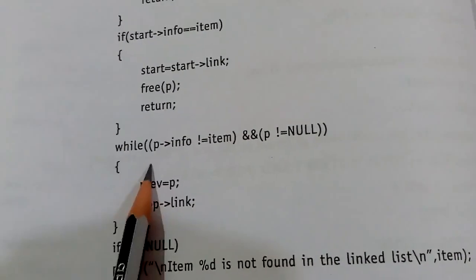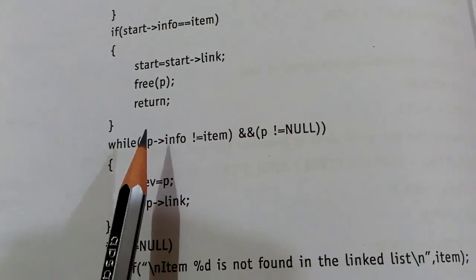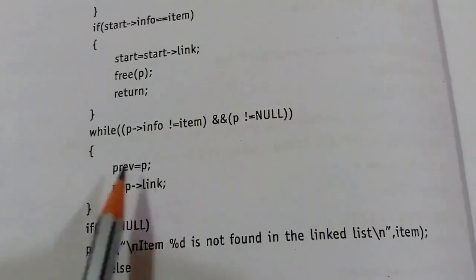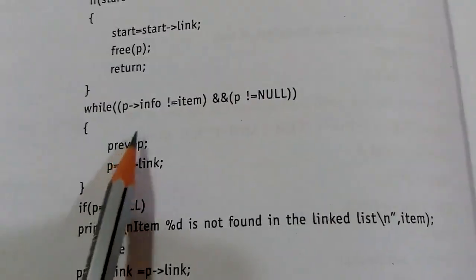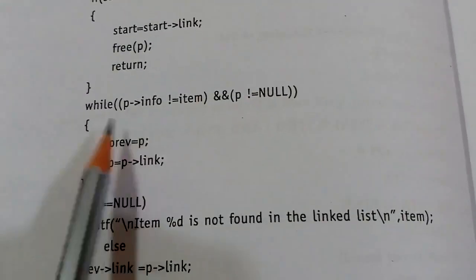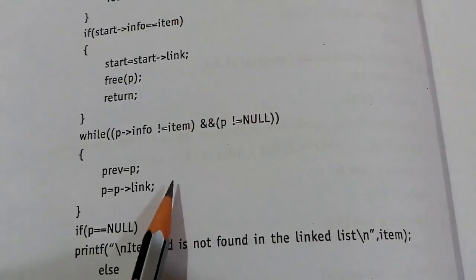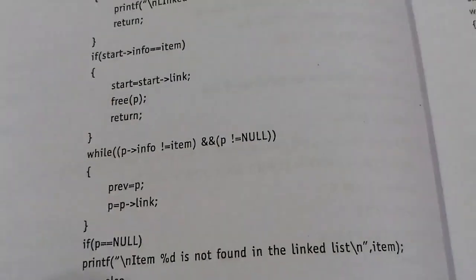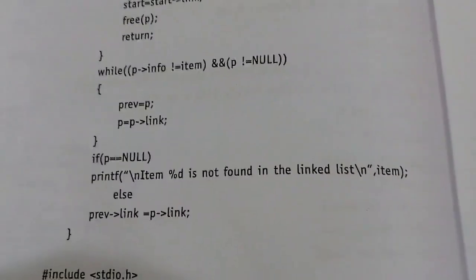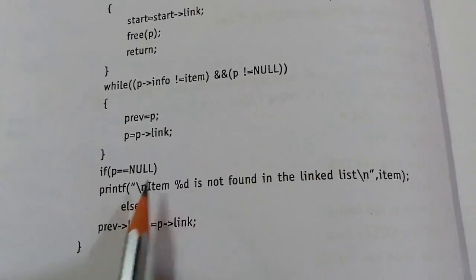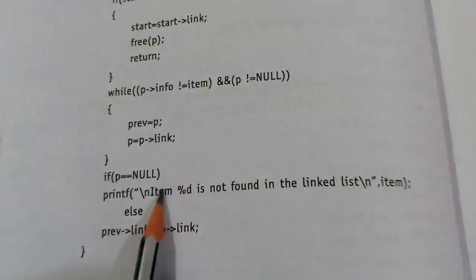Here, traverse the list until you find the location or the end of the list is reached. Here previous follows the ptr, and p is equal to p points to link. Next, we are checking the condition that if ptr is equal to null, then it prints item not found.